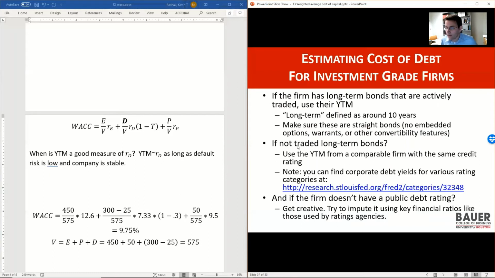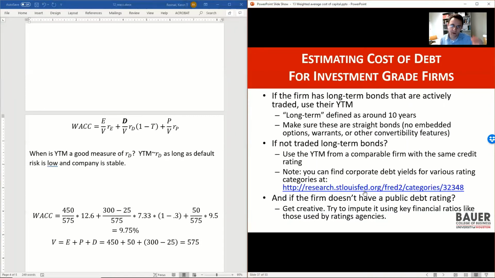Now, if they don't have bonds, then you have to get a little bit more creative. You can look at other companies that do have bonds that have similar risk, right? That would be a natural way to go about it. Or you can look at the St. Louis Federal Reserve. They release yields on groupings of debt.